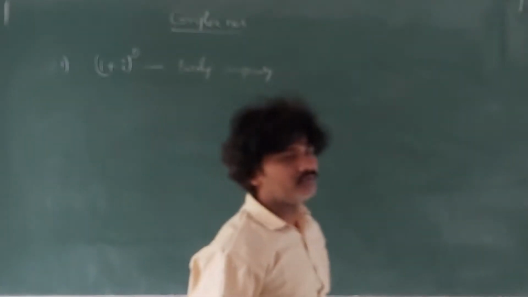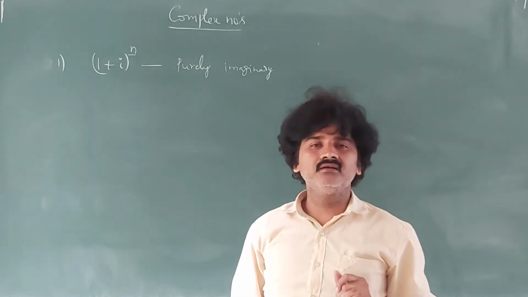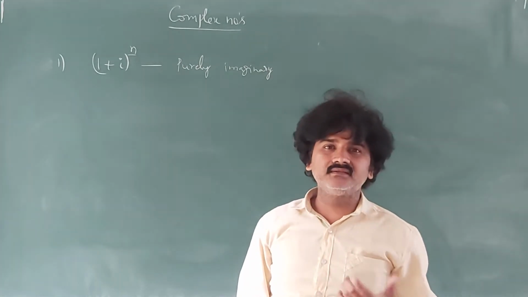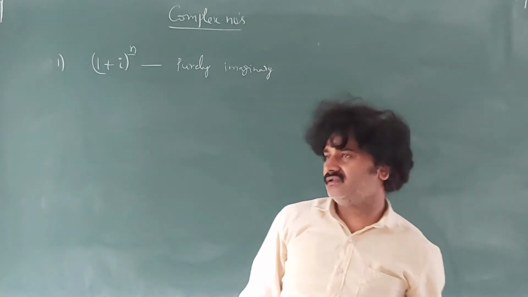Generally, what is meant by purely imaginary? For any complex number z, if its real part is 0, then it is called purely imaginary.